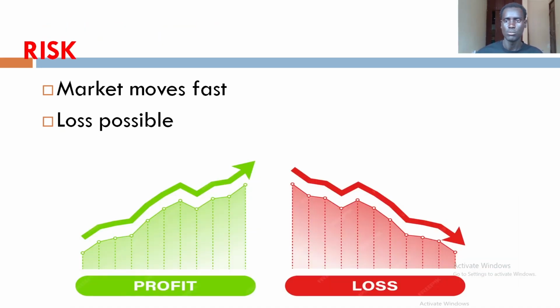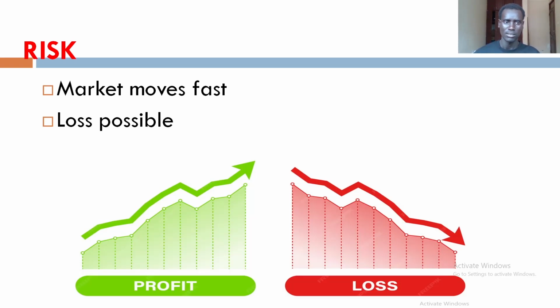Risk: the market moves fast. The forex market moves very fast because it has a lot of people trading in this business. It's a global market with a volume of over $5 trillion traded every day.